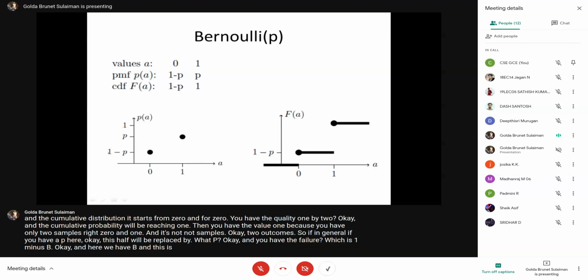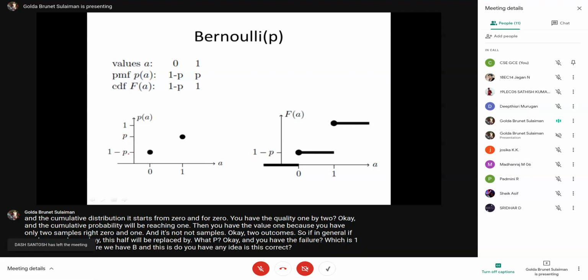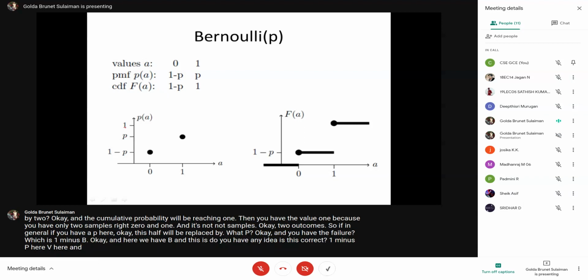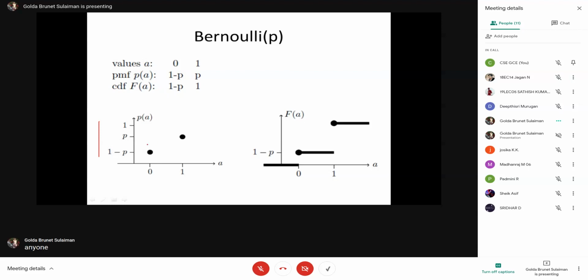Do you have any idea, is this diagram correct? Is this always true, this order of listing the values? Do you understand my question?